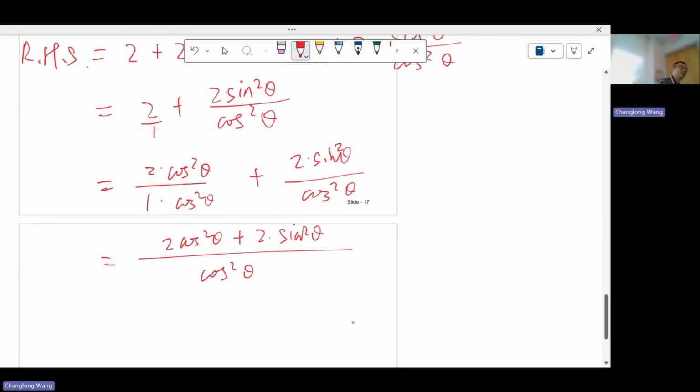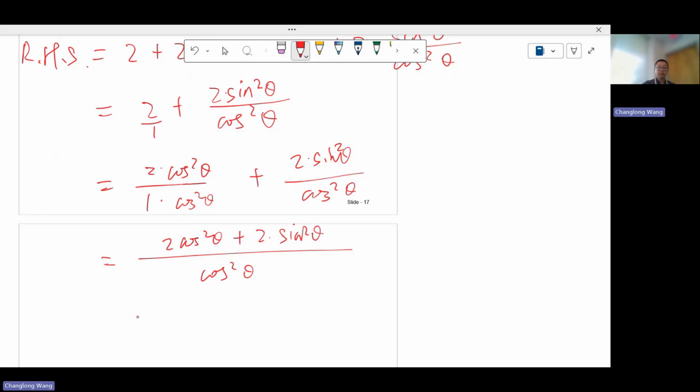What next? Is there anything we could do to the numerator? 2 cosine squared plus 2 sine squared.